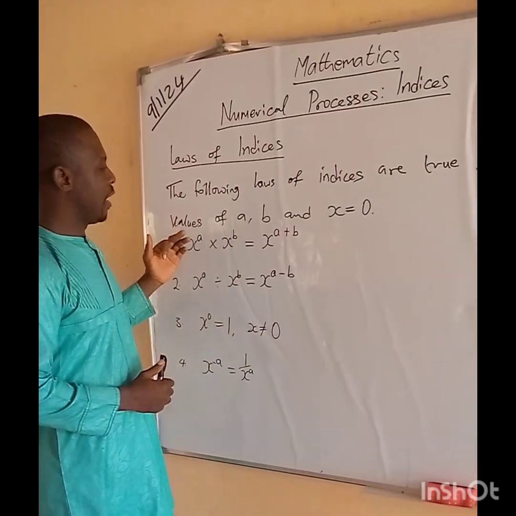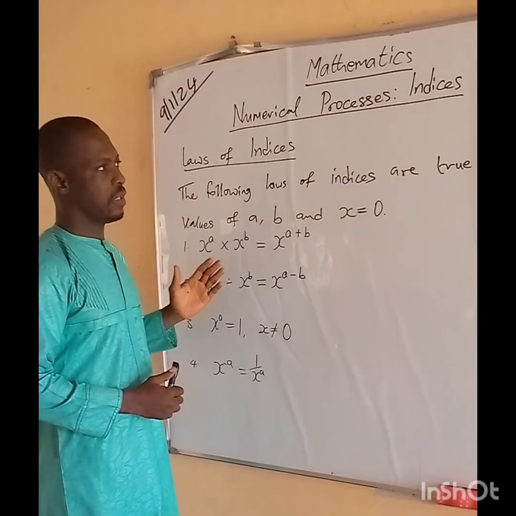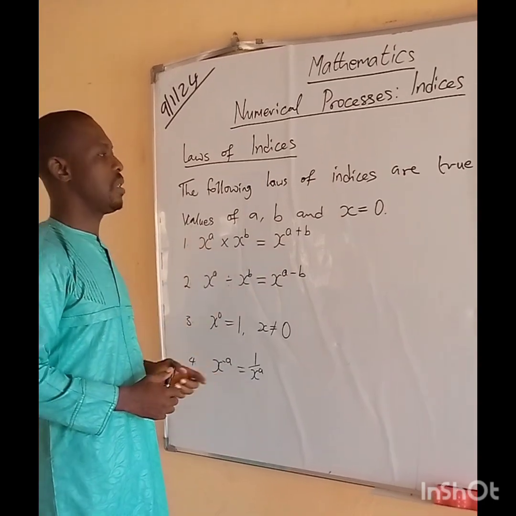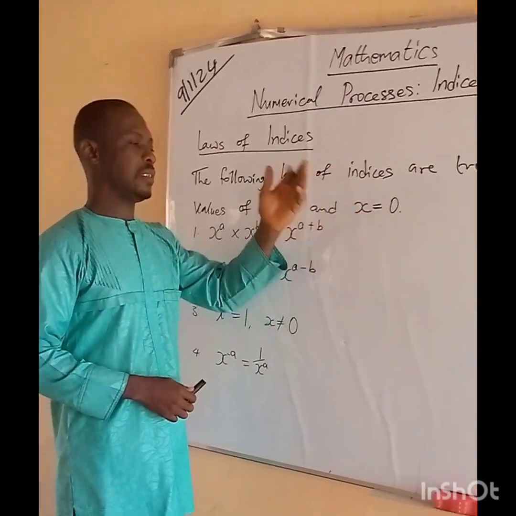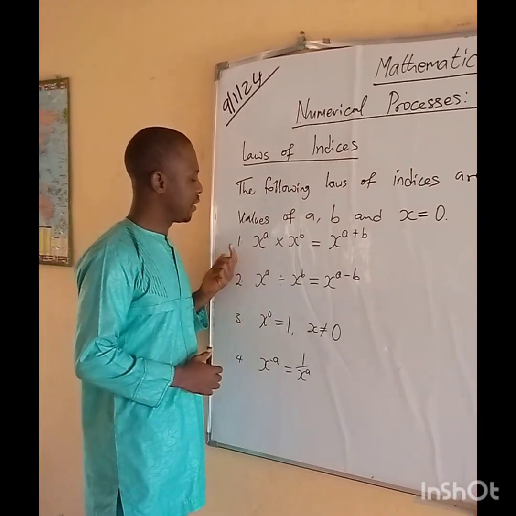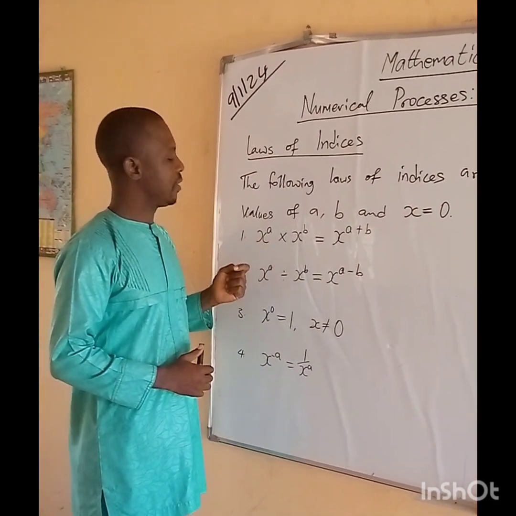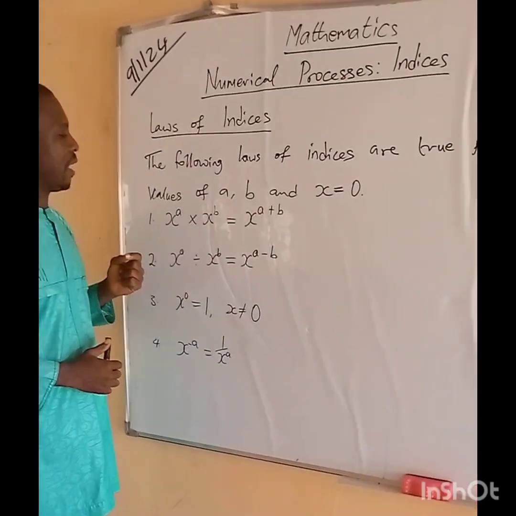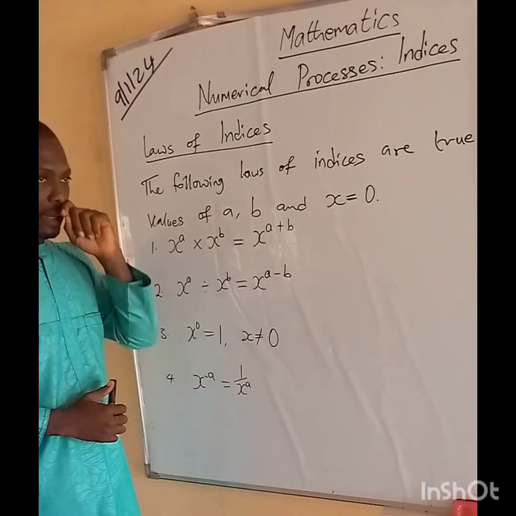The following laws of indices are true for all values of a, b, and x not equal to 0. For instance, the first law states that if you are multiplying any values, you add their powers.